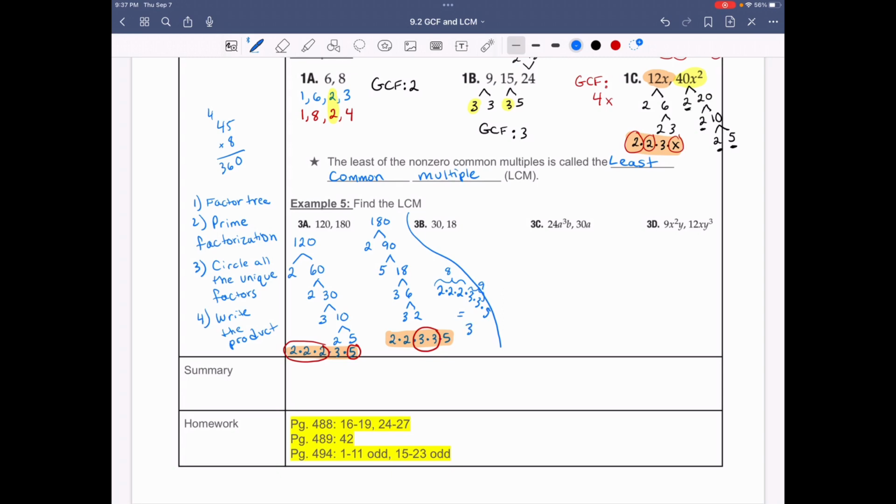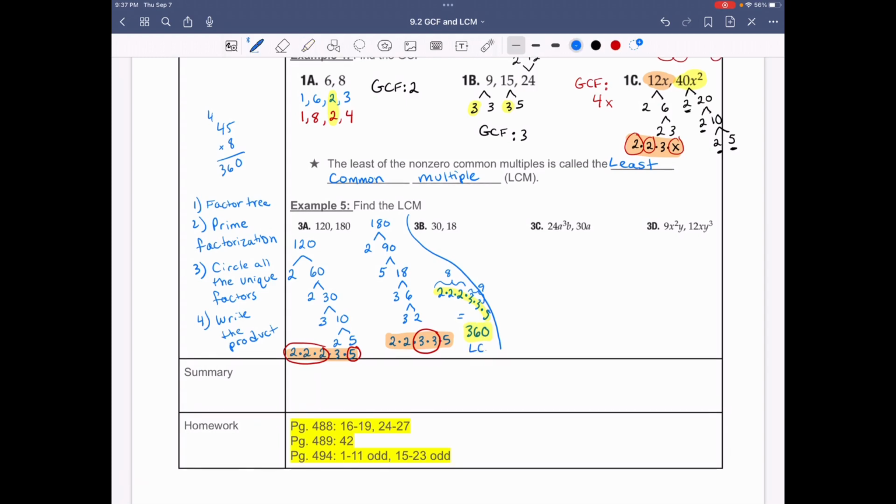So our LCM is 360. That is our LCM. I want you guys to work in groups to figure out the LCM for 30 and 18.